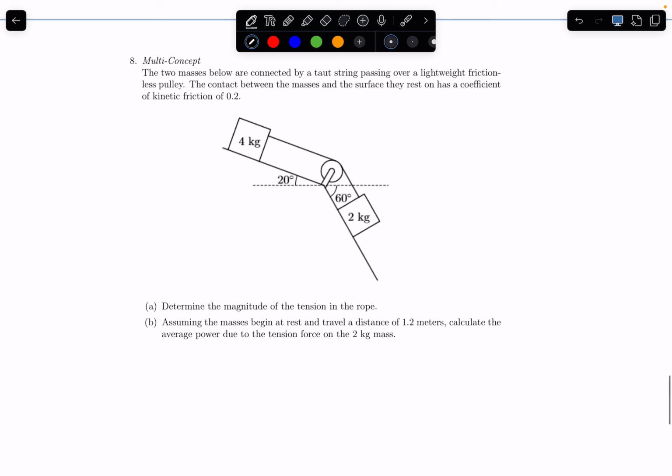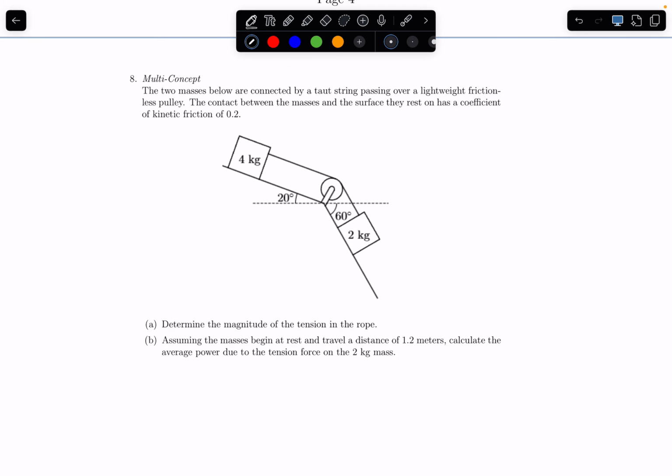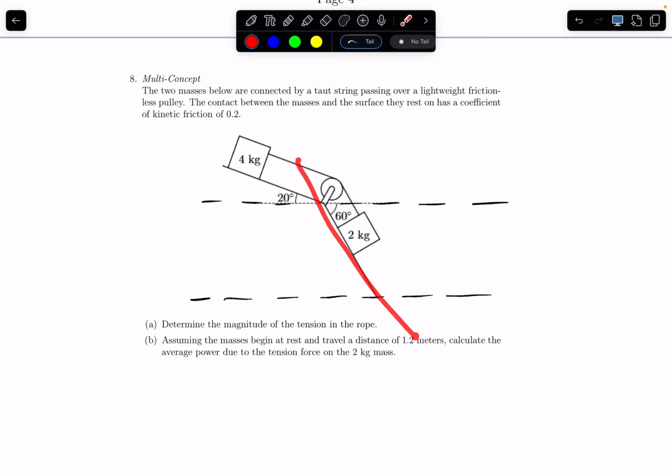Alrighty, this one. Cool. So, you have 2 ramps essentially. A 20-degree ramp and a 60-degree ramp. First thing to write down. This is a parallel line. This is another parallel line, right? And this is the transverse line.